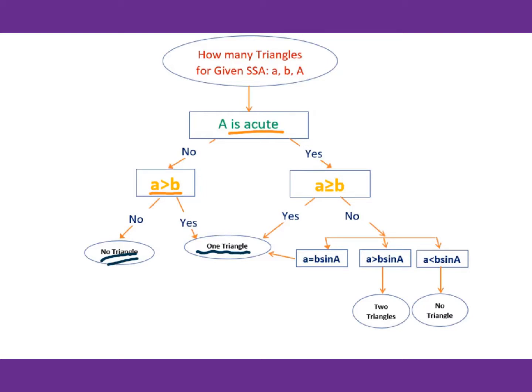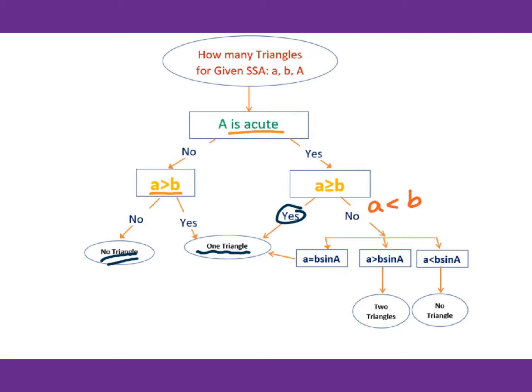If A is acute angle, then you need to check is it A greater than or equal to B. If yes, then means one triangle. If A is not greater than or equal to B, means when A less than B, then you need to check three situations.